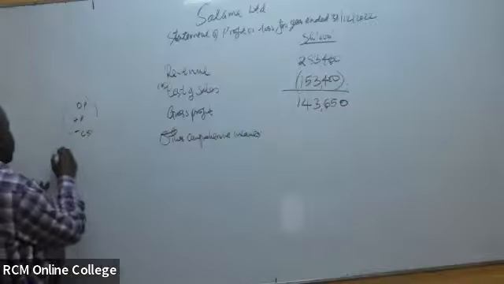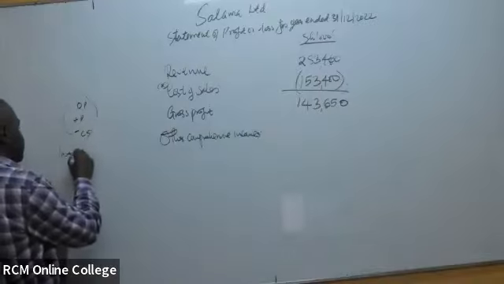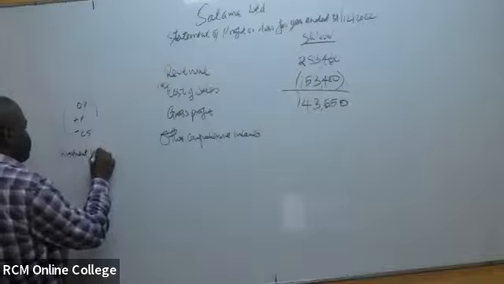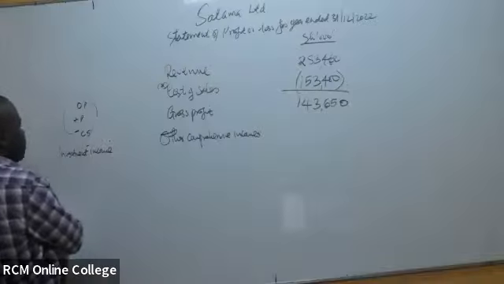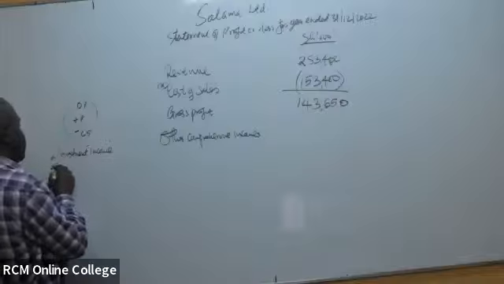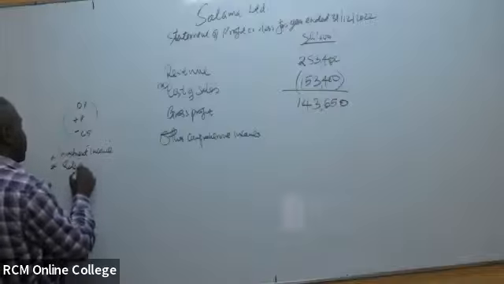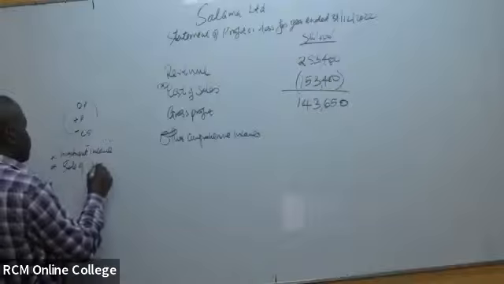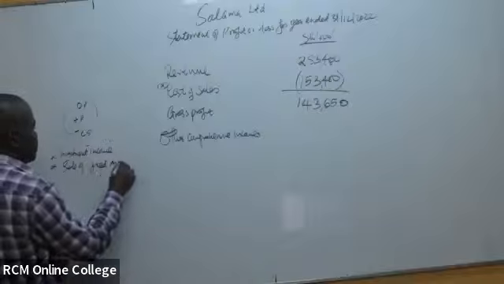The components here can be investment income, or any other income, for example, on sale of fixed assets.